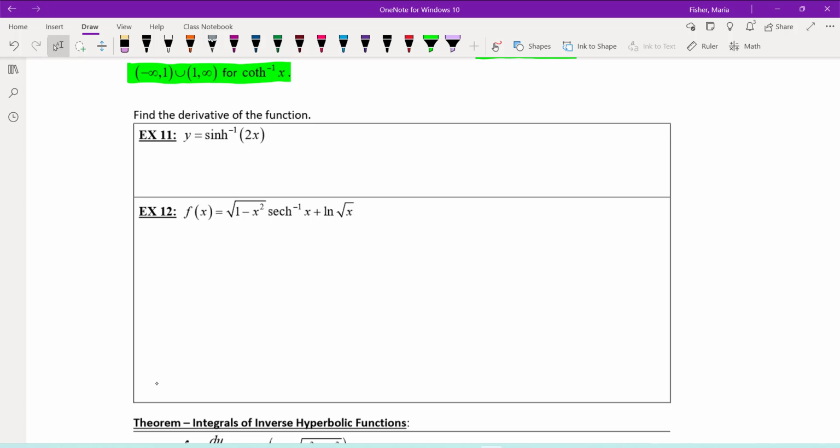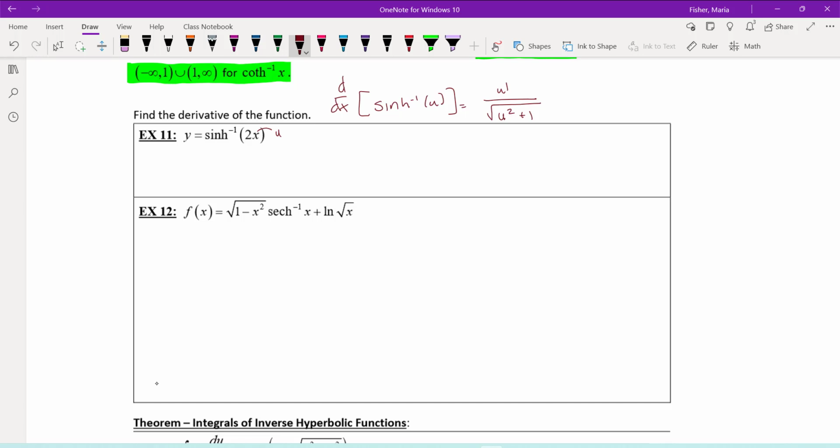Find the derivative of the function. So we have that for number 11, y is equal to the inverse hyperbolic sine of 2x. So that 2x there is going to be my u. And since we can't see it anymore, I'm going to go ahead and rewrite it here. The derivative of the inverse hyperbolic sine of u was equal to u prime over the square root of u squared plus 1.